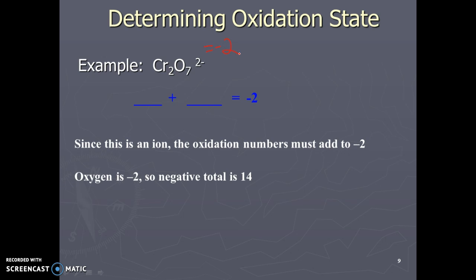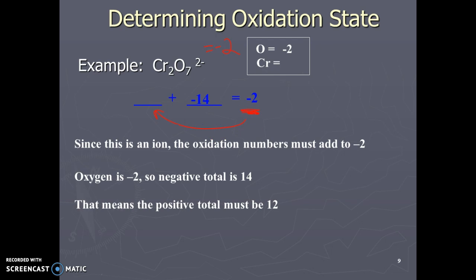So since I have 7 oxygens, each with an oxidation state of -2, 7 times -2 means my total negative here is -14. Since this whole thing has to add up to -2, I can now figure out what the positive piece has to be. In this case, my positive piece must be 12, because 12 plus a negative 14 is negative 2.